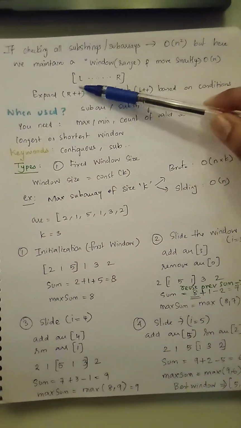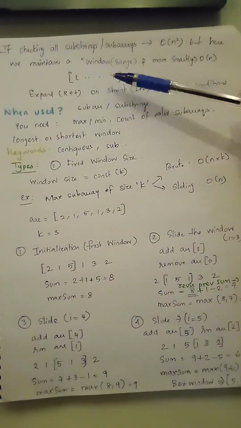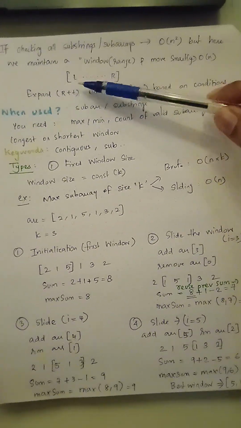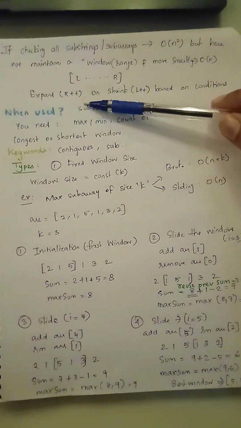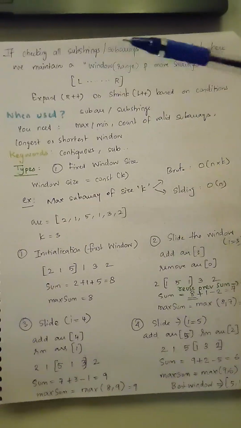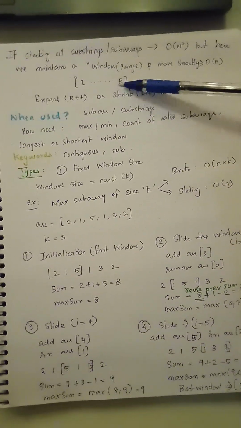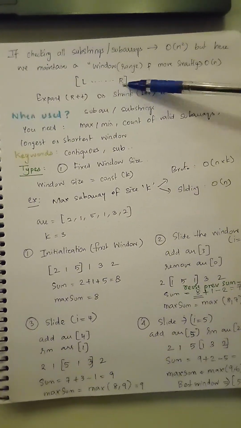So let us say that this is an array. Let's have L and R as the extreme elements. L is at the left and R is at the right. We expand the window by incrementing R, because the window gets bigger as we go to the right side.